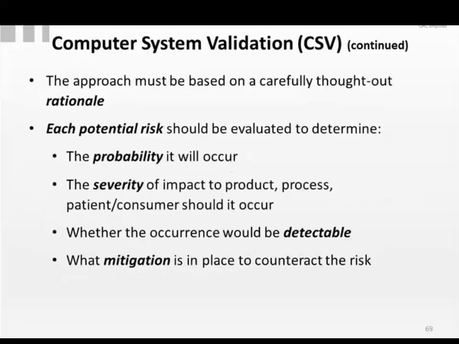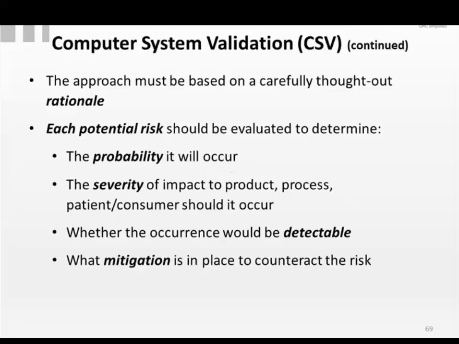So for all of your GXP systems, you need to look at any way that the system potentially could fail. And there could be many ways and unrelated ways that they could fail. The system failure, if it happened, what's the probability? What's the severity of impact if it happens? Would it be detectable? Would you know it?